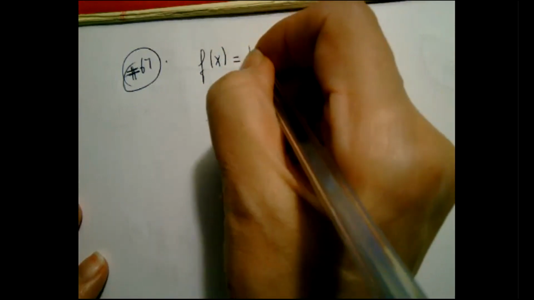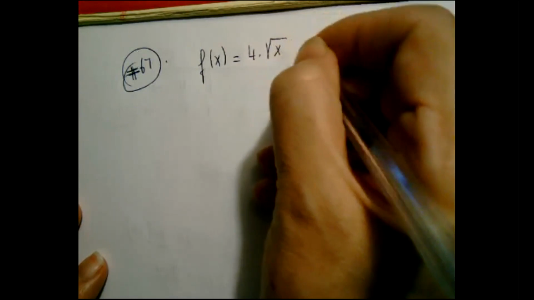So here is 67. Finding slope location. So we have a function which is given by f of x equal 4 times the square root of x minus x.